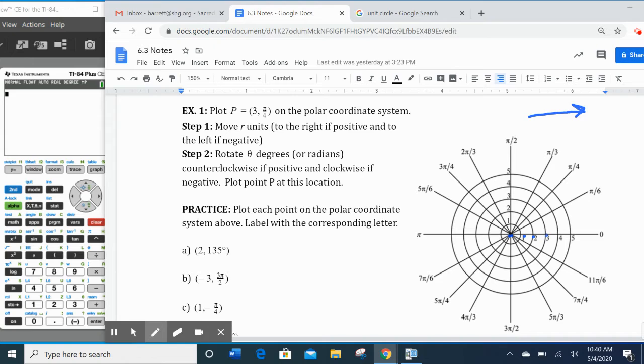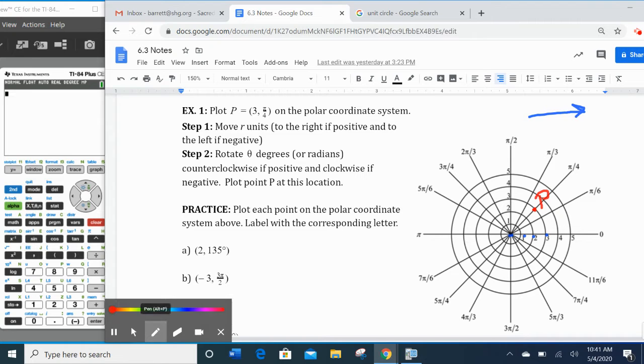They want you to extend 3 units out, and then rotate positive pi/4. I'll let the red point be the answer. Out 3 units, rotate pi/4. Point P would be located right there.